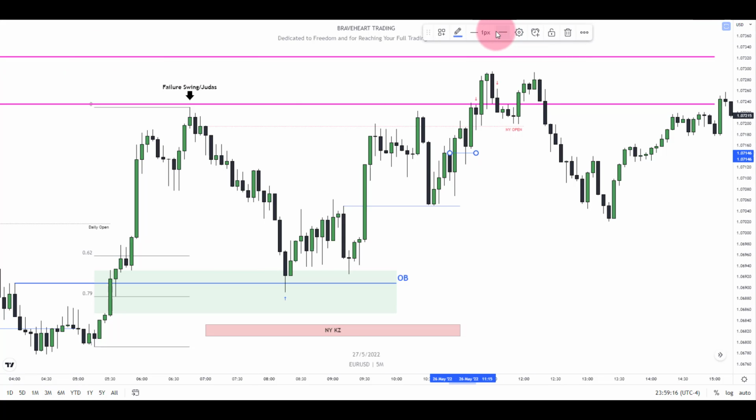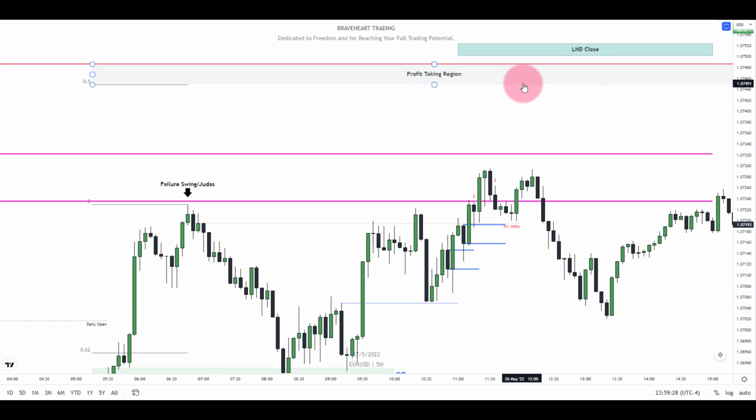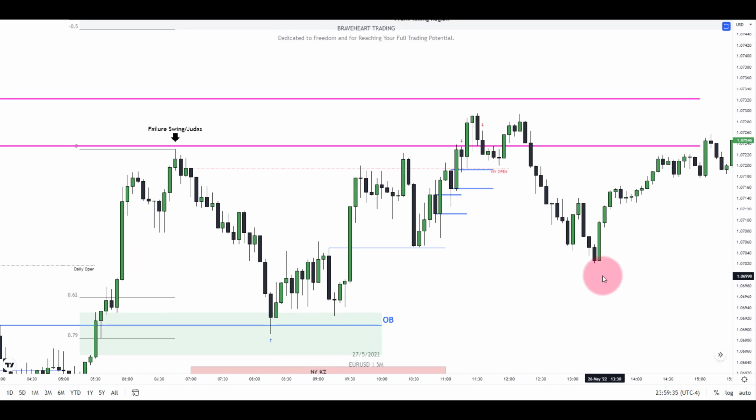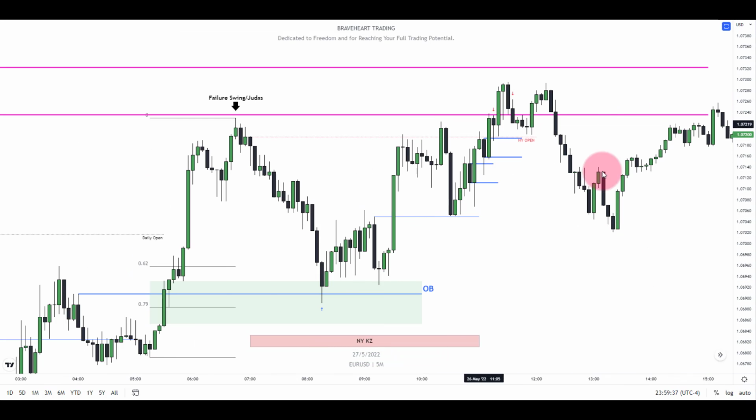I used this order block right here, and I was managing price very aggressively because it was coming very close to London close, and London close for me is profit taken out. So that's how I managed the trade.